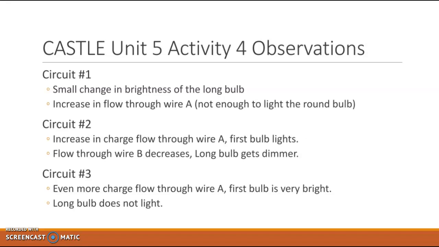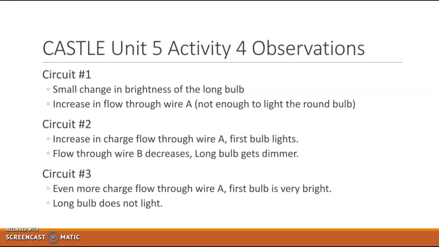We weren't able to see that through the compass deflection because the deflection was already so small, but we did see that long bulb get dimmer, so we know that flow rate decreased. The reason the flow rate increased so much more with the round bulb in circuit 2 compared to the long bulb in circuit 1 is that the round bulb has a lot less resistance than the long bulb, and so it lets more charge go through it.